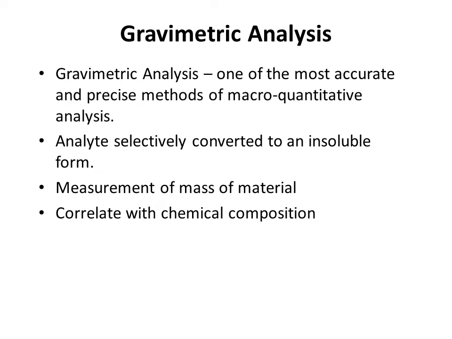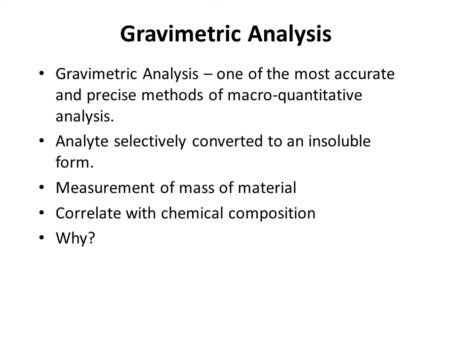Usually gravimetric analysis is a multi-step process, but generally speaking, we are just trying to convert the analyte to a form that can be measured. We measure the mass, and usually these are substances of known chemical composition.